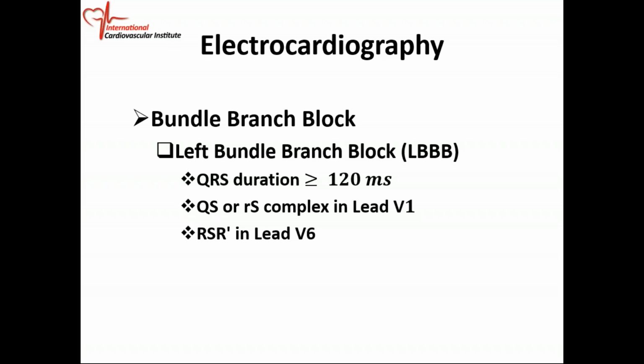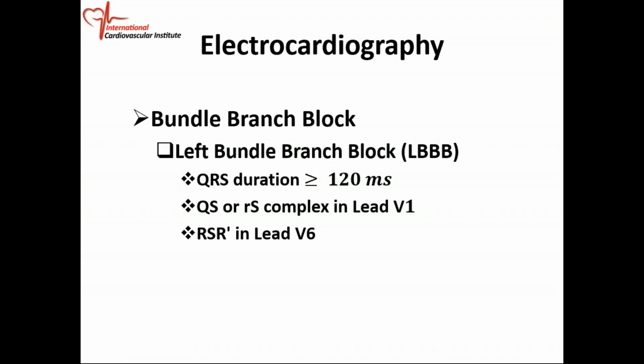We had mentioned that the left bundle has 2 fascicles: an anterior fascicle and a posterior fascicle. The right bundle is a single bundle. So you can have a left bundle branch block.